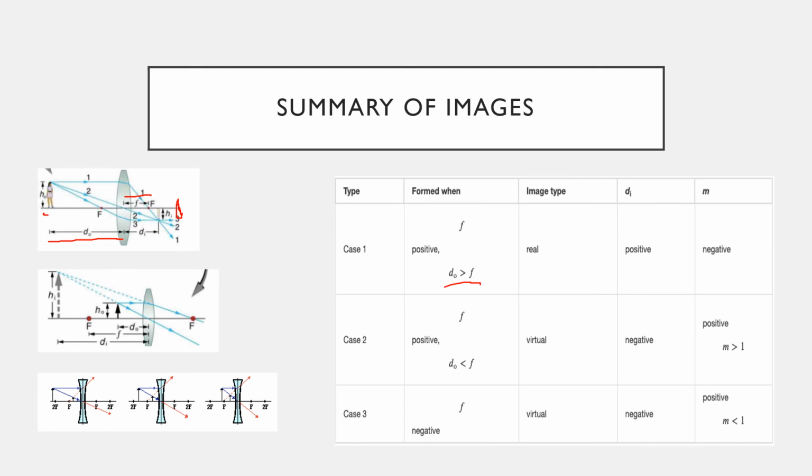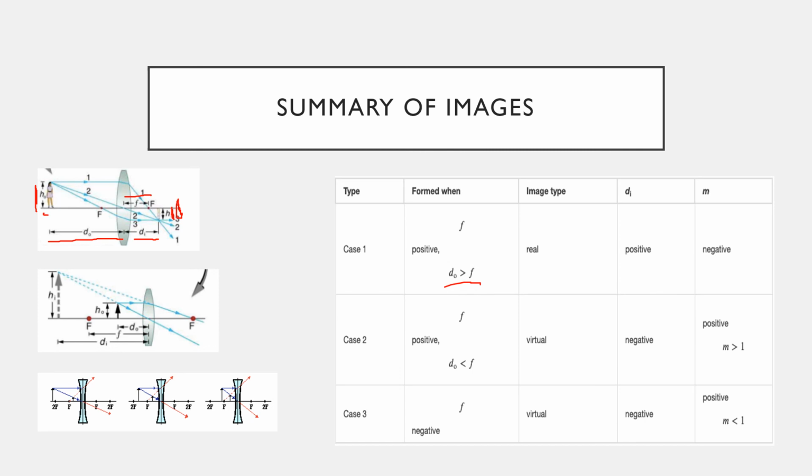The image comes through on the opposite side, which means that di is going to be positive, and m is negative because the image formed is below the x-axis while the object is above the x-axis. So we have an inverted image. This would give us a positive, real, inverted image in case 1.